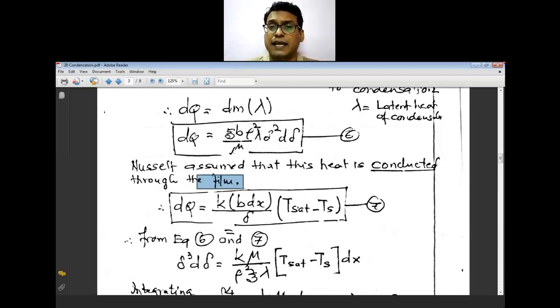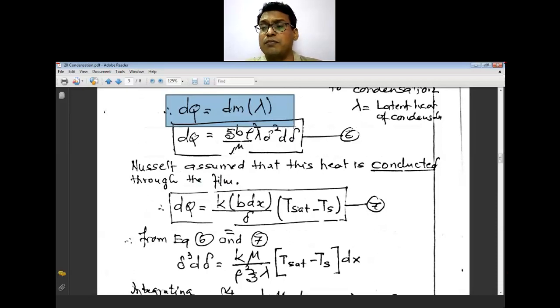So the vapors getting condensed give dq equal to m lambda, and it is conducted through the film because of conduction, that is K A delta T upon delta X. Delta X in this is the thickness of the liquid film.